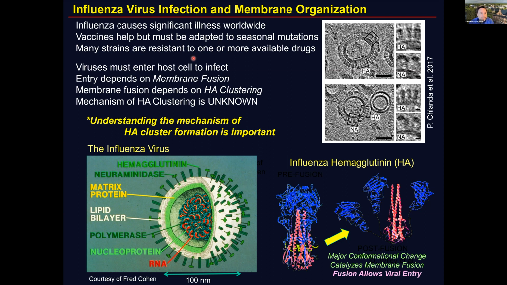And the entry of the virus depends on membrane fusion, which is the merger of the viral membrane with the host cell membrane, which depends on clustering of the fusion protein hemagglutinin, or HA. Yet the mechanism of HA clustering is not known. And so we've been focusing on understanding this mechanism of clustering, which could provide antiviral strategies that we can exploit.